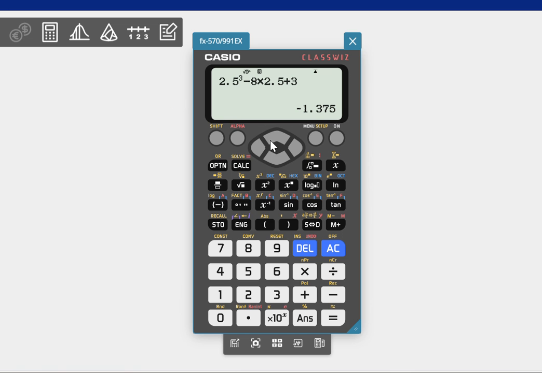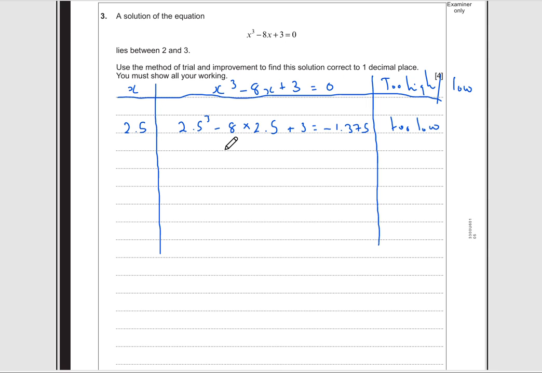So what we want to do is, let's have a look at 2.6. So don't type the whole thing in again, just go back. We can just replace this bit here with the 6. Which is going to give me negative 0.224. Let's pop this in.